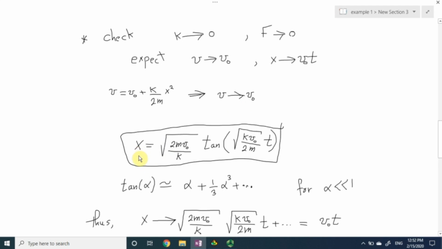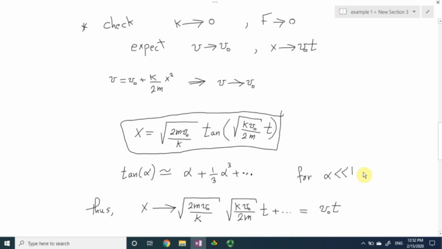Now, to check how x behaves as k goes to 0, we have the relation of x as a function of time. Now, I need to check what is the limit of this expression. To do this, we need to make an expansion of the function tan in powers of the constant k.